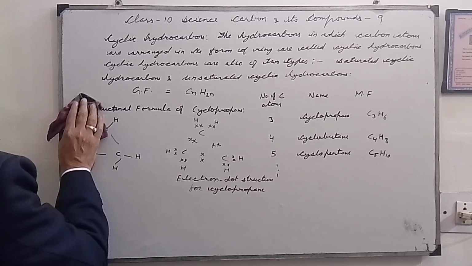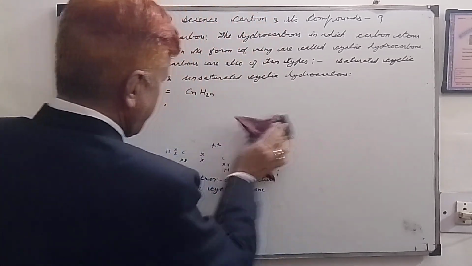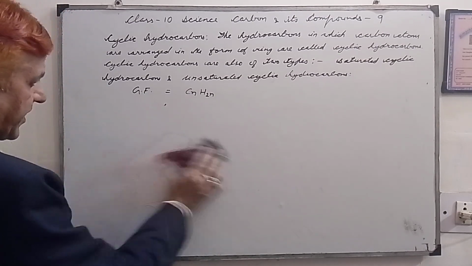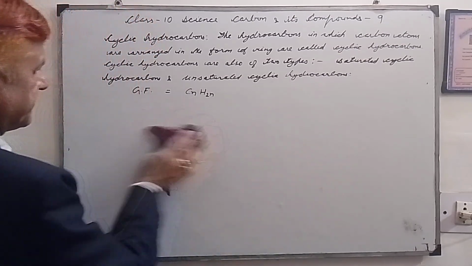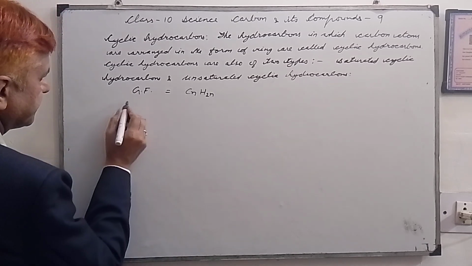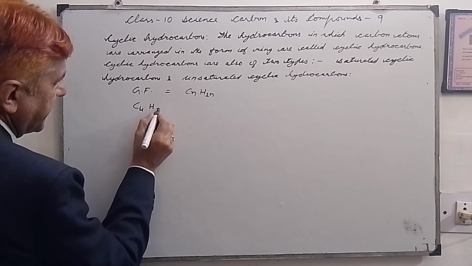Now we will draw the structural formula and electron dot structure for cyclobutane. The molecular formula for cyclobutane is C4H8.